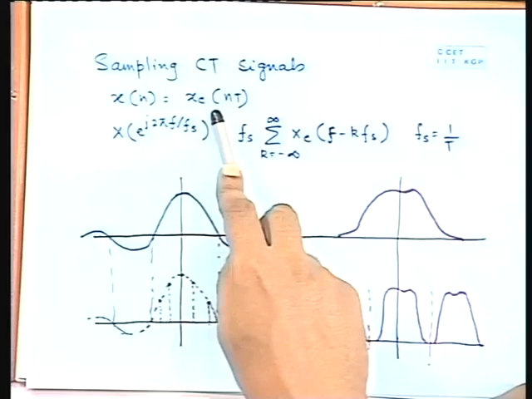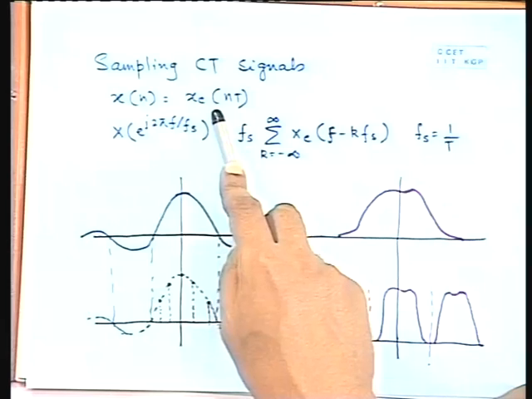The discrete time description is actually obtained from the continuous time description by a process called sampling, right?